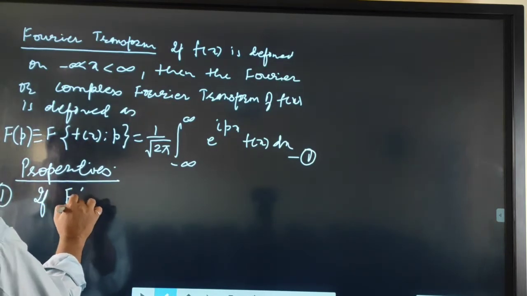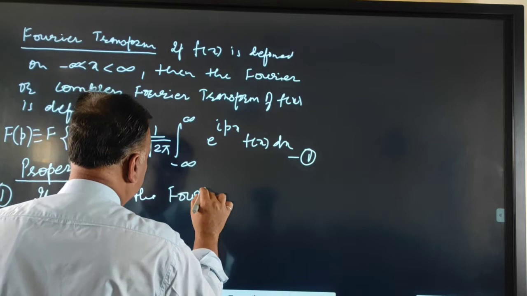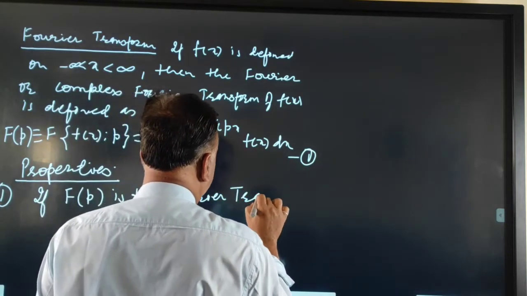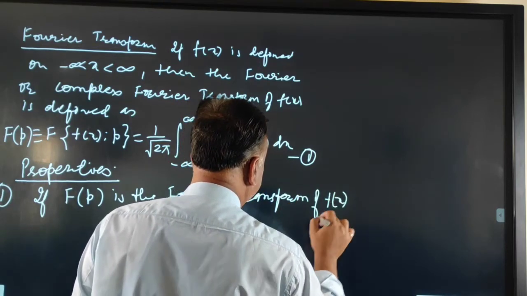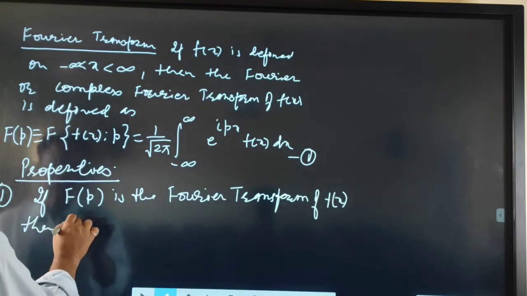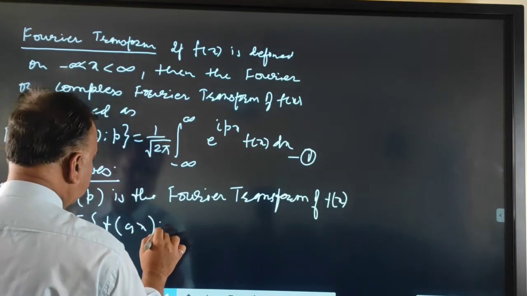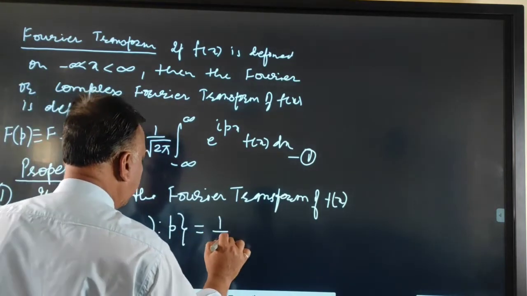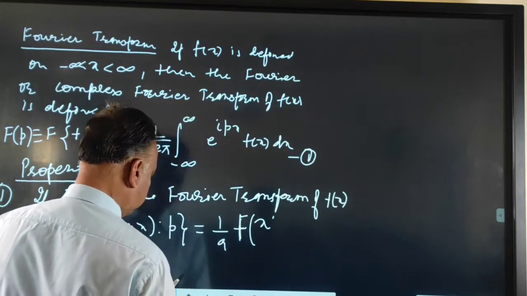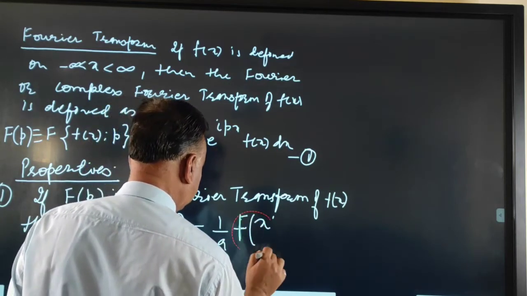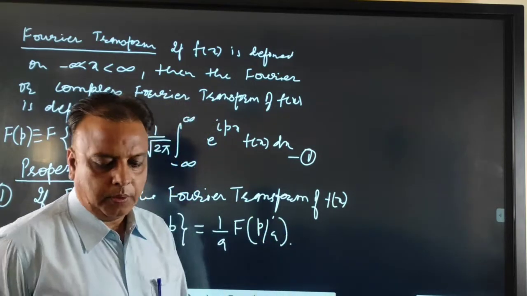The first property is: if F(p) is the Fourier transform of f(x), then the Fourier transformation of f(ax) with respect to p is equal to 1 upon a F of p upon a.